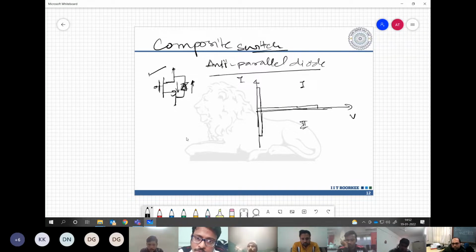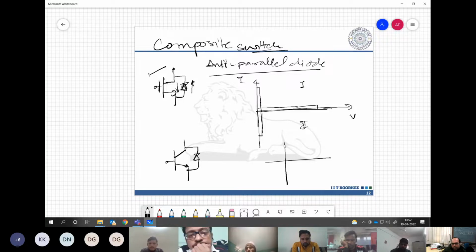Similarly, if you combine any diode in anti-parallel condition with a BJT or IGBT, you can realize the extended quadrant of operation. So it can be connected to any other, BJT also, IGBT also, and we can realize two quadrants which can be operated with this composite switch.